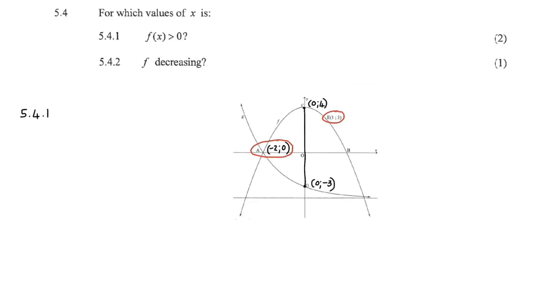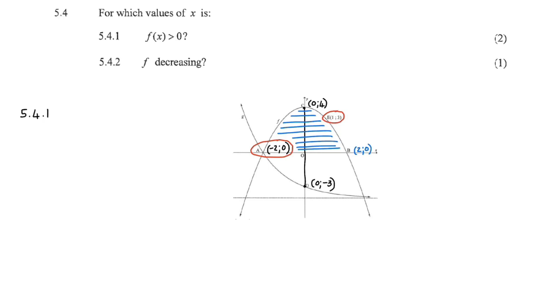Let's have a look at question 5.4 from the 2018 November paper. For which values of x is f of x greater than 0? So the quadratic function f of x equals ax squared plus q is greater than 0 when the graph is above the x-axis.